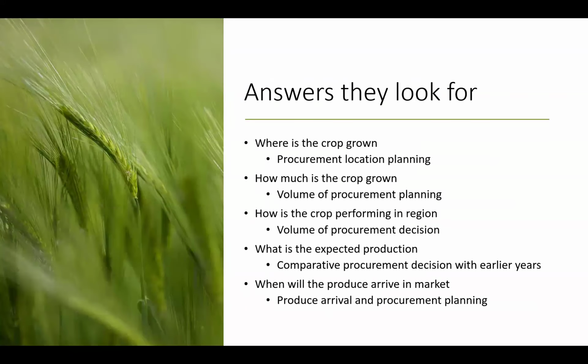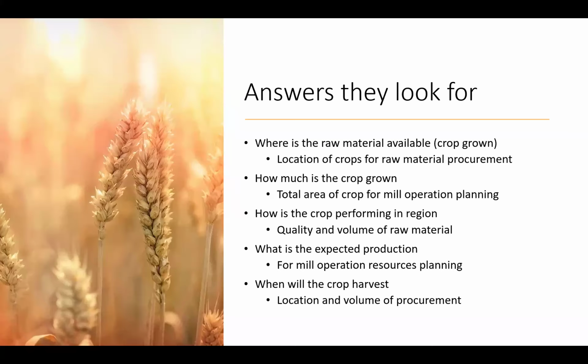Commodity traders want to know where there is a crop grown, what the performance is, how much production they can expect, when it will arrive in the market, the age of the crop, and things like that. Mills want to know the raw material level, how much raw material is available, how the crop is performing, and when it is expected.